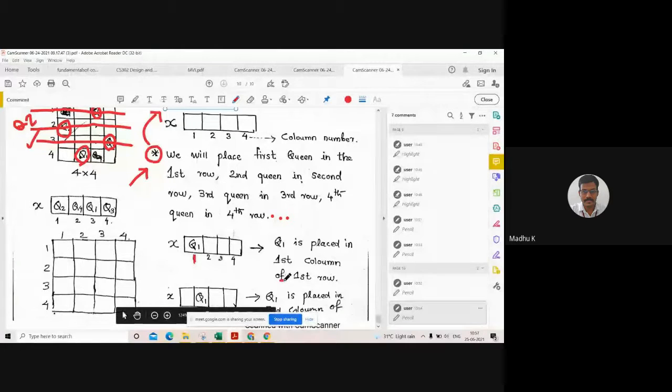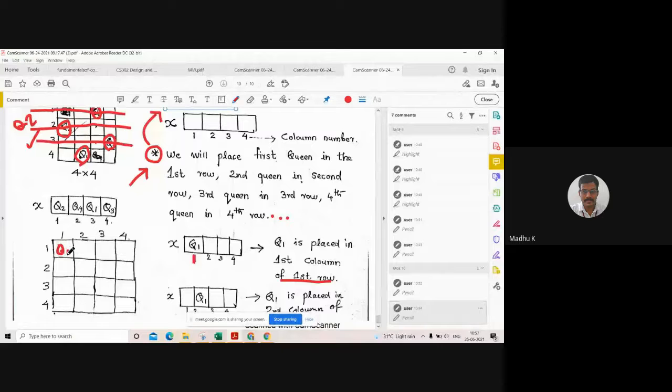This is implicit: q1 is always placed in the first row only. So if I place q1 here, its meaning is q1 is placed in the first row, first column.